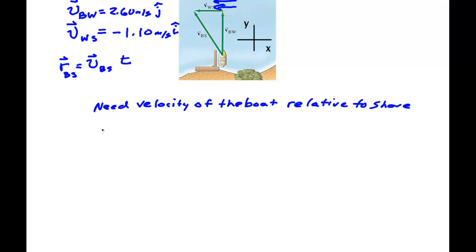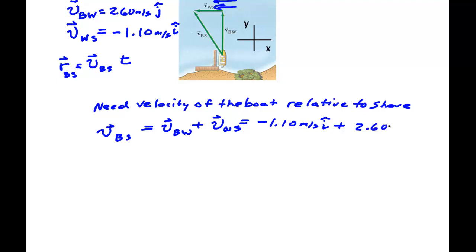So, finishing it out, VBS is equal to the velocity of the boat with respect to the water plus the velocity of the water with respect to the shore. This is equal to minus 1.10 meters per second I-hat, that was this one, plus 2.60 meters per second j-hat.